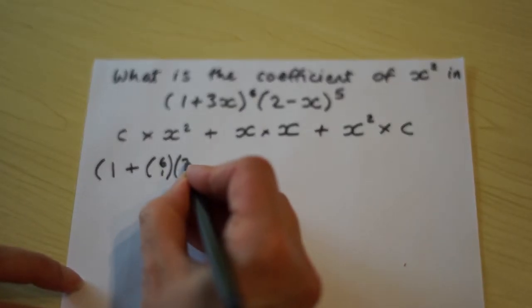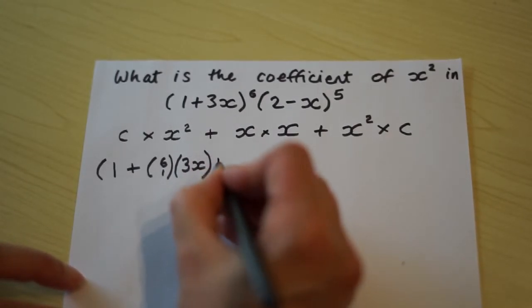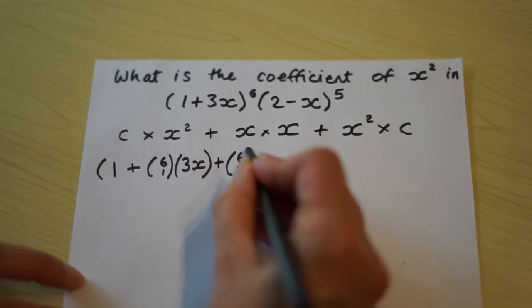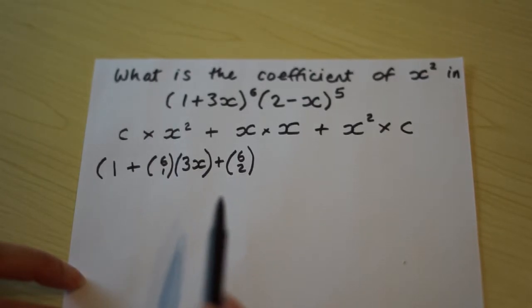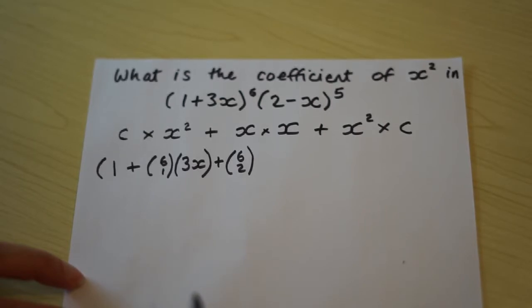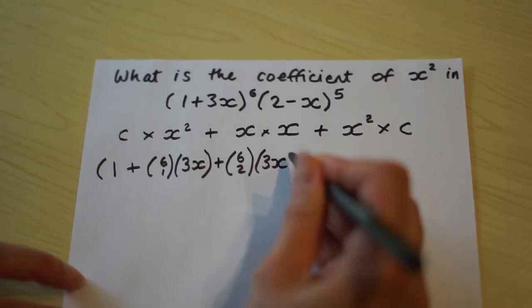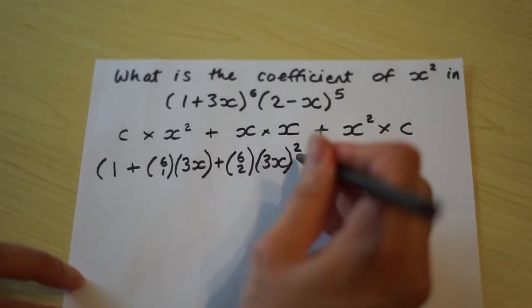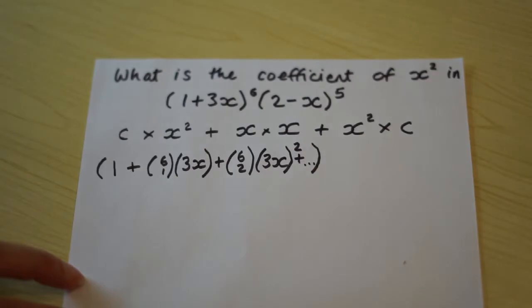So let's multiply it by 3x to the power 1. Okay, next term. 6 choose 2. The a term is 1. 1 to the power 4 we know is 1. We don't need to write multiplied by 1. The b term is 3x, and this time we're raising it to the power 2. Okay, so this does carry on, but we're not going to write the continuation.